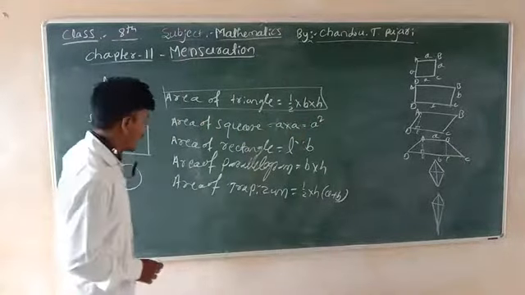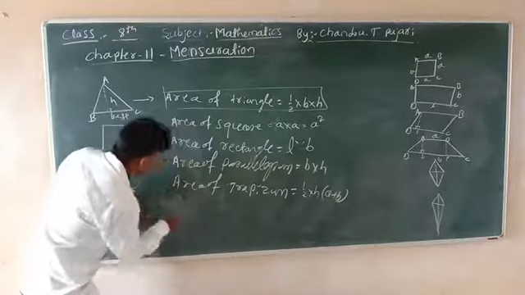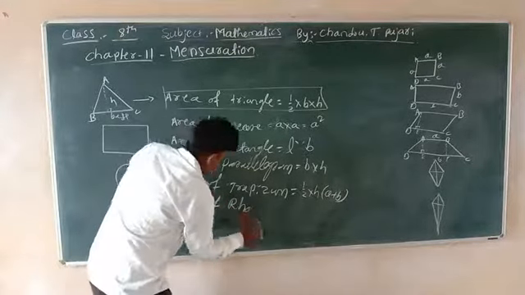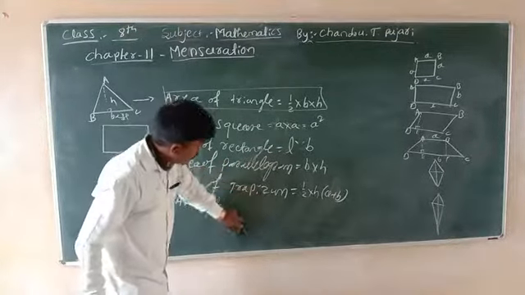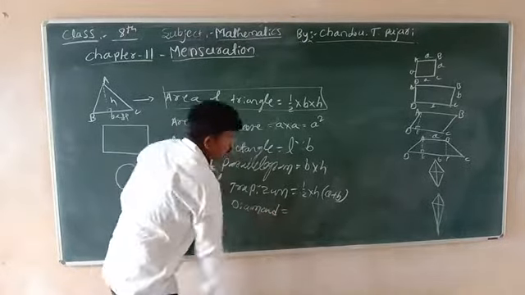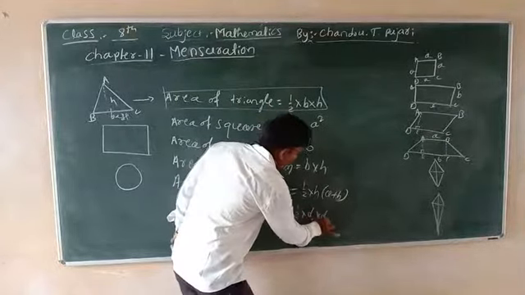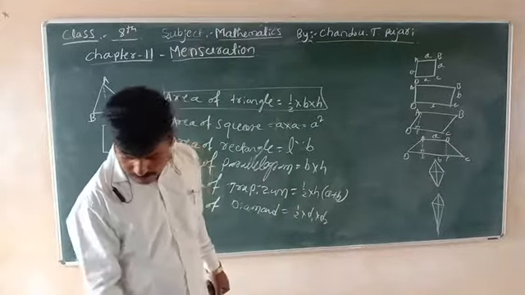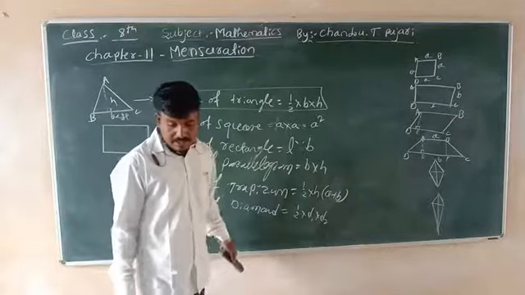The rhombus area formula: area of a rhombus or diamond is equal to 1 by 2 into d1 into d2. That is the area of a rhombus, otherwise a diamond.